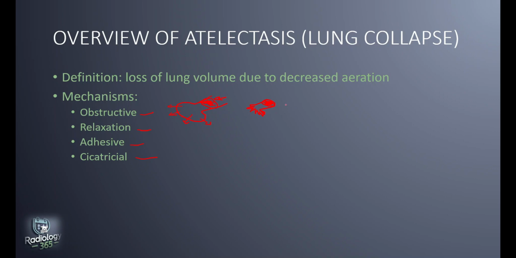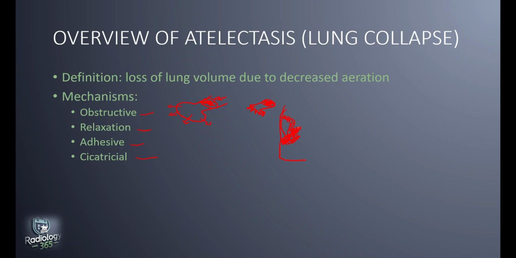So you have your pleura here, you have a lesion here, and because of the presence of this lesion, the lung that should have been here is now squished and compressed right adjacent the lesion.